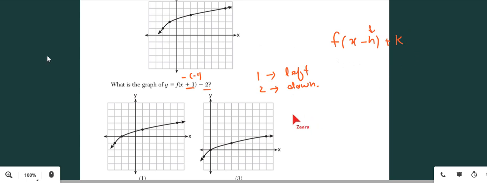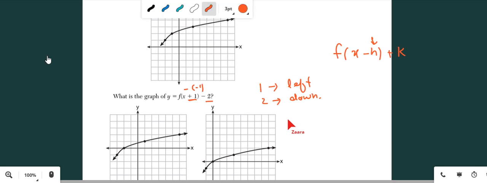So which expression is such an expression? Let's see. We will shift one point. This is a point, we have to move it one left, two down.